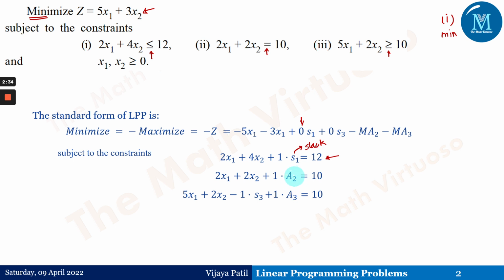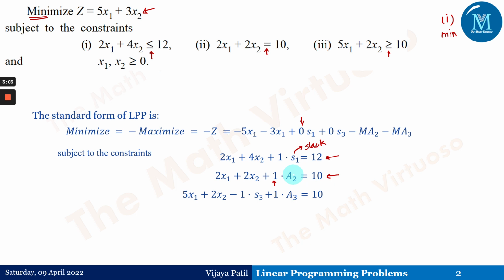That is why we add an artificial variable with the coefficient as 1 unit. I have added this artificial variable in the second constraint, so I have labelled it as A2. It's not compulsory; it's just a label. You can go ahead with any A1, A2, A3, whatever you need, but this particular variable I have added in the second constraint, that's the reason I have taken it as A2.